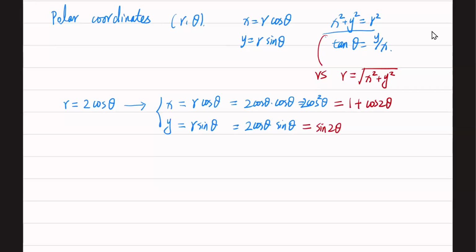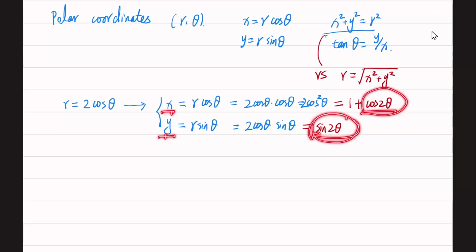Okay, so we can see x is cosine 2 theta, y is sine 2 theta. This is what you suggested, it will be a circle. The difference is we double the speed.